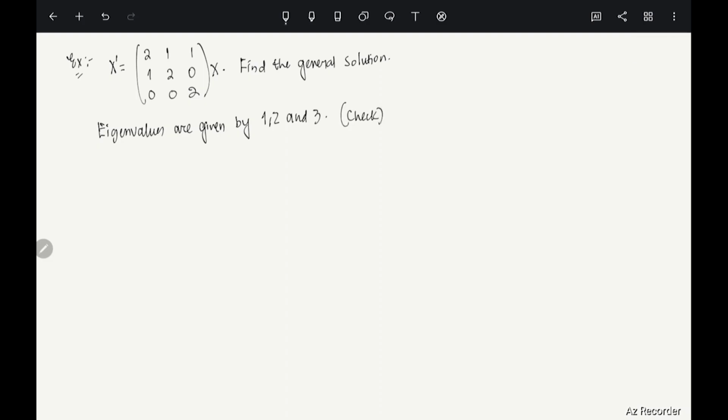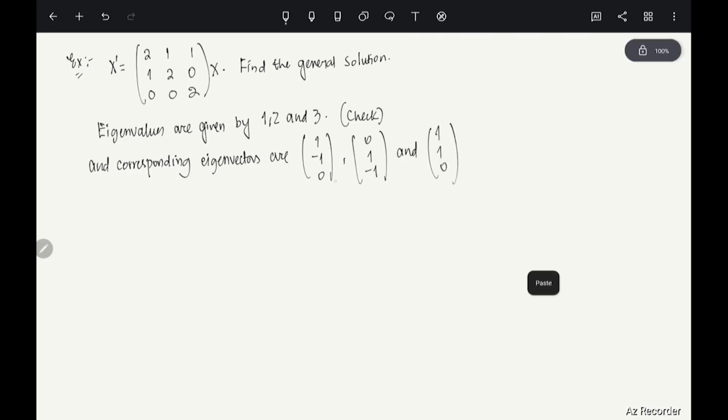And the corresponding eigenvectors: corresponding to 1, we have 1, -1, 0. Corresponding to 2, we have 0, 1, -1, and corresponding to 3, it is 1, 1, 0.